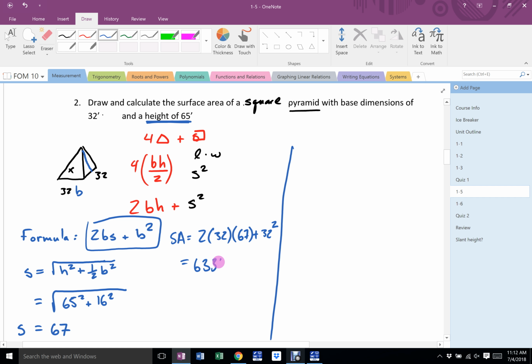Does anybody else have that? Was it punched in correctly? 6,336 is what every single person in the room got?